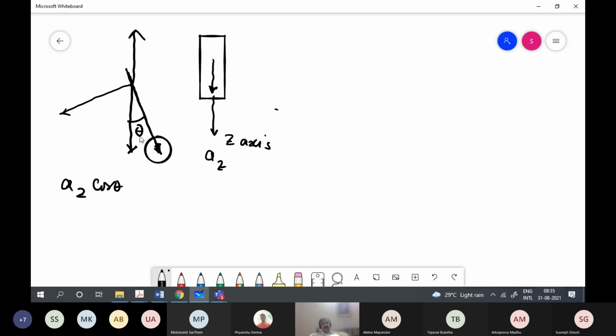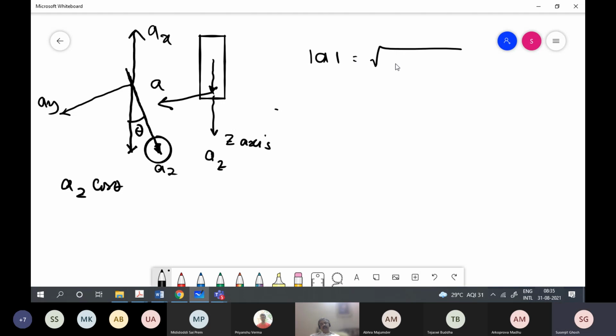If the acceleration that we are trying to sense would have been along a general arbitrary axis in 3D space, then we would have had to take AX, AY, AZ, all three of them. And then the magnitude of A would have been root over AX square plus AY square plus AZ square.